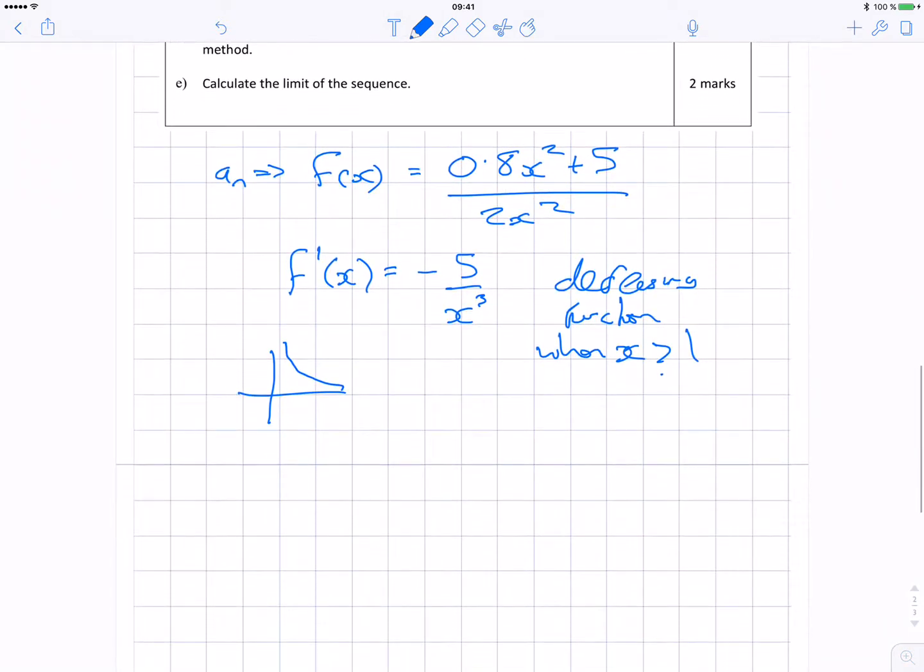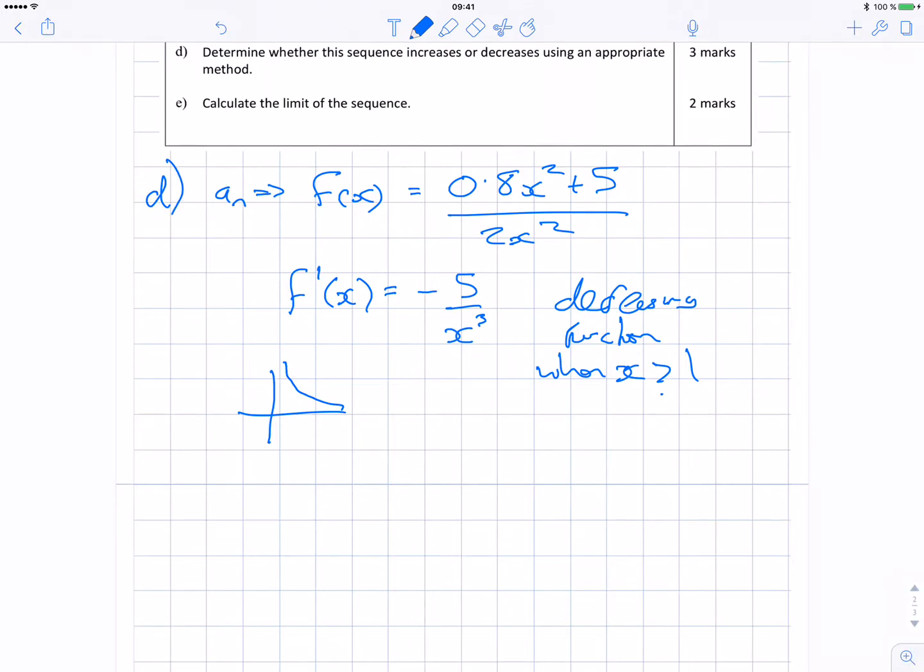Calculate the limit of this sequence, so that was part D, sorry, this is part E. To calculate the limit of the sequence, we can just do the limit of f of x as x tends to infinity.